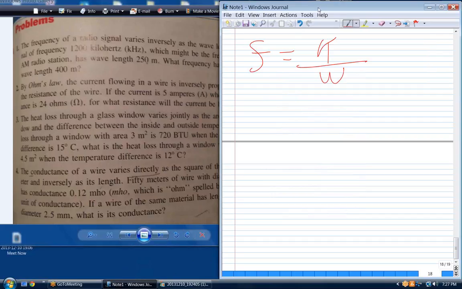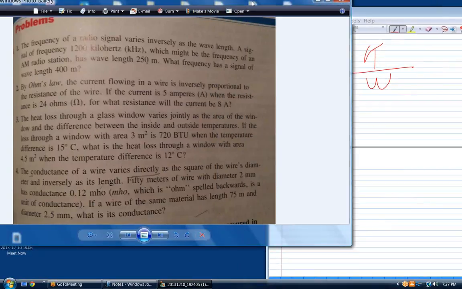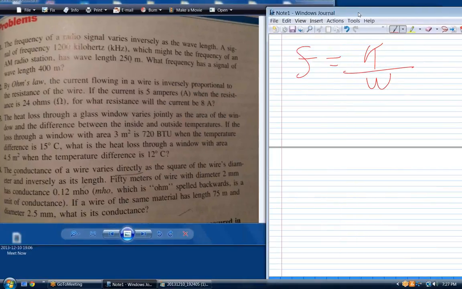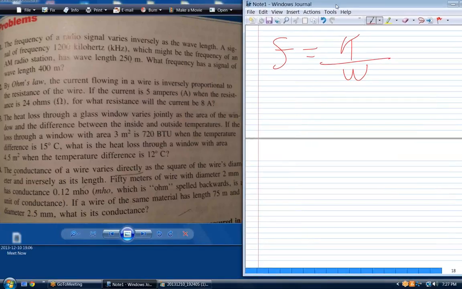Okay, so what's the rest of it that I can write? So then you get 1200 equals K divided by 250.